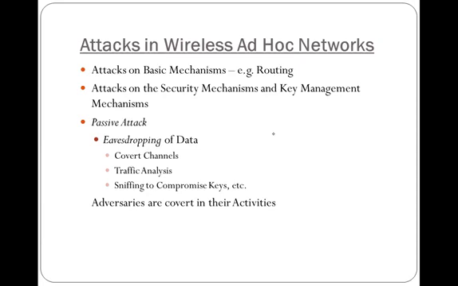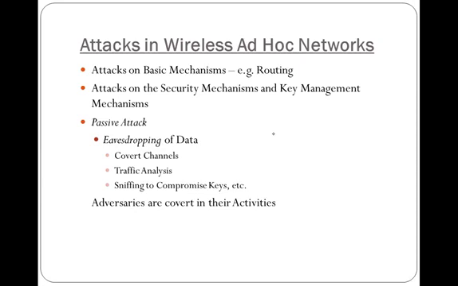Moving onward toward attacks in wireless ad hoc networks, attacks are in different categories. Some might be, as we discussed, on information, some might be against the node, some might be against the controller or the base station or the server. So there are attacks on basic mechanisms such as routing, and attacks on security mechanisms and key management mechanisms.